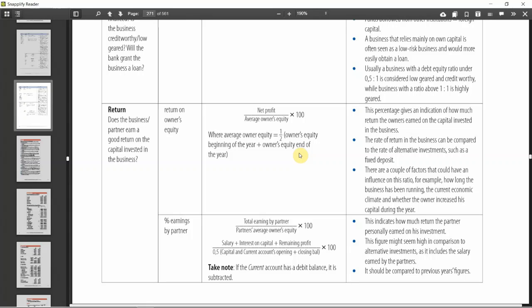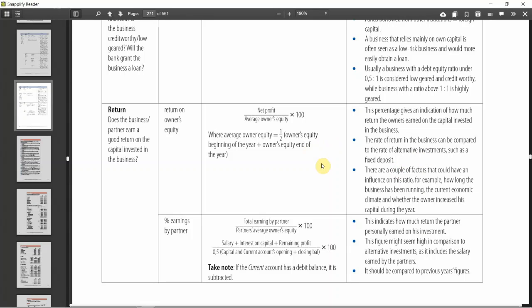Add them up, divide by 2 to get the average, because average is simply half of the beginning owner's equity plus the ending owner's equity. And then we multiply by 100 to get the percentage. And this percentage we will compare against alternative investments like a fixed deposit.